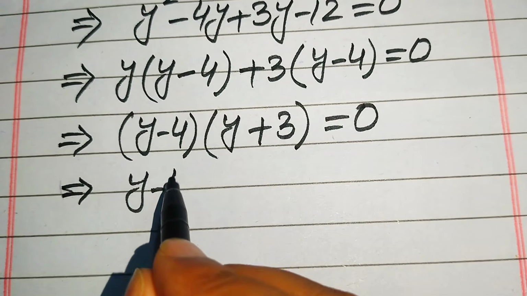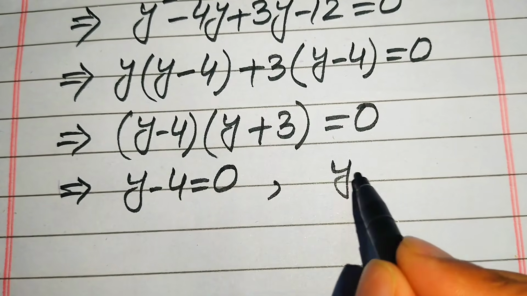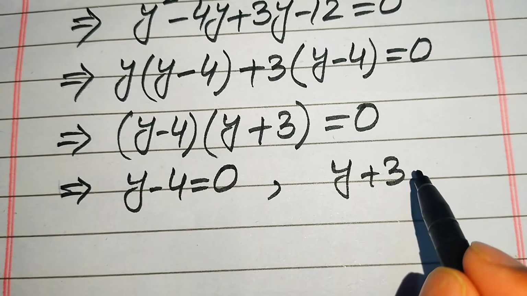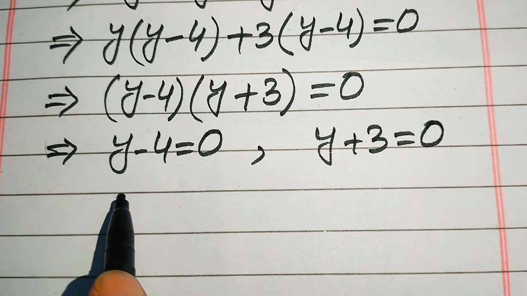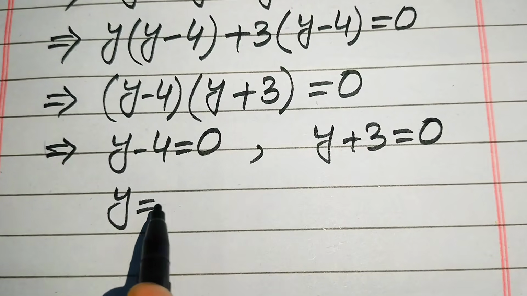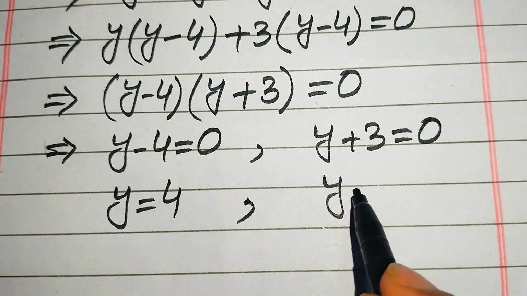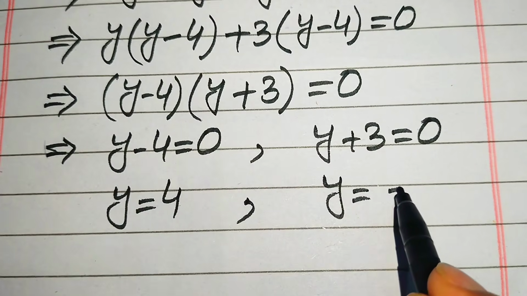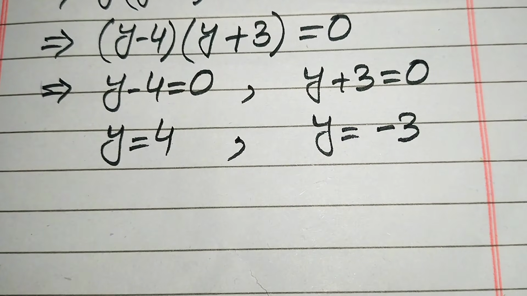The first case is we write y minus 4 is equal to 0, and the second case is we write y plus 3 equals 0. So from here we move minus 4 to the right hand side, and we get the value of y is equal to 4, and from here we move plus 3 to the right hand side, and we get the value of y is equal to minus 3.